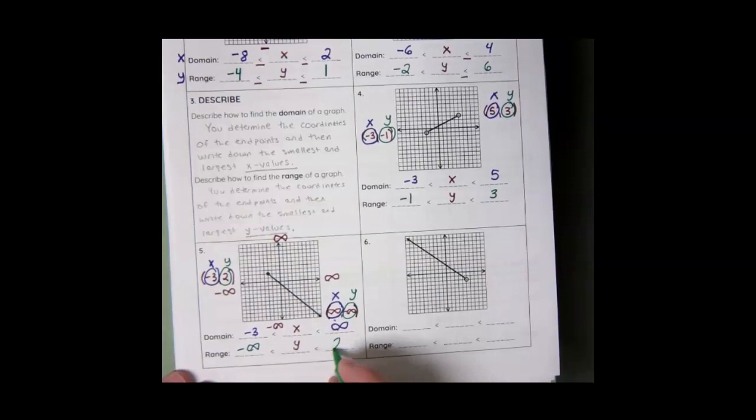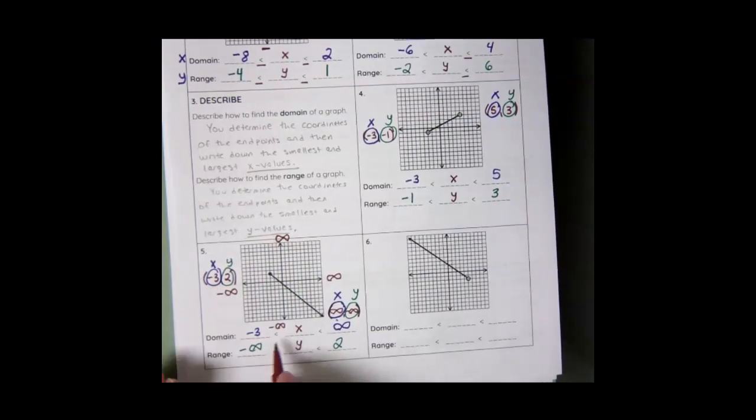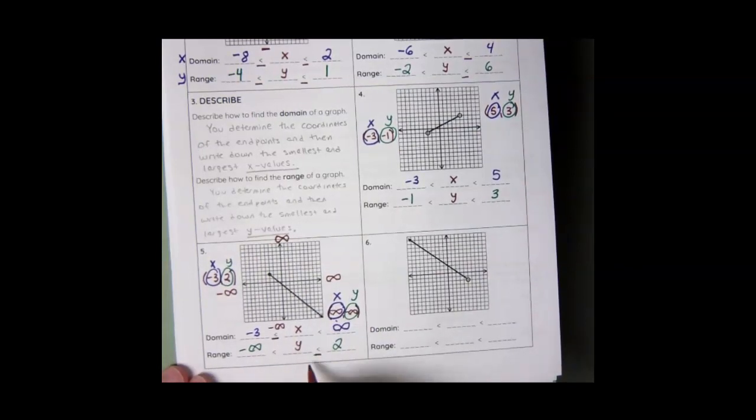My larger would be 2 because negative infinity is about as small as you can get. Okay? Now, I have a solid dot right here. So I need to change negative 3 to being or equal to negative 3, and 2 to being or equal to 2.